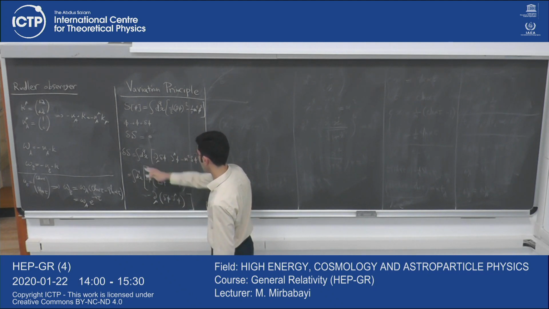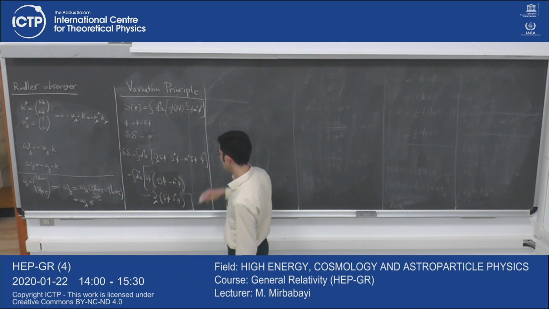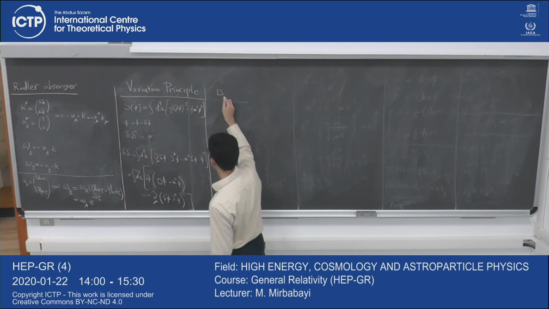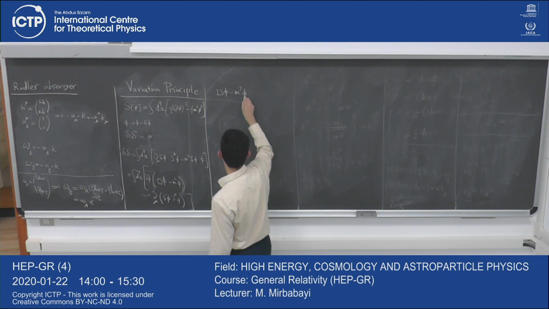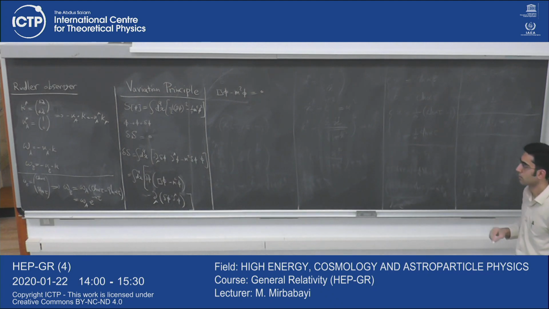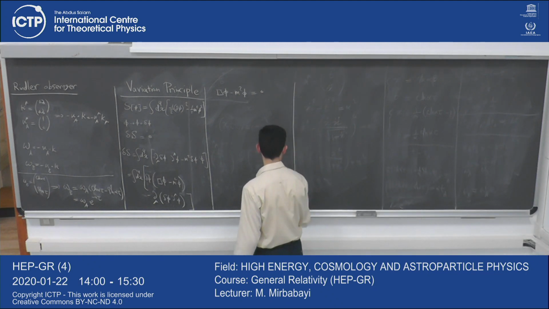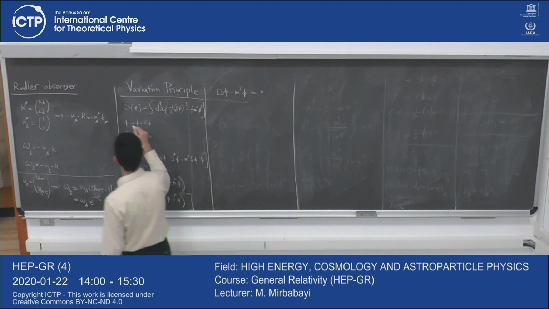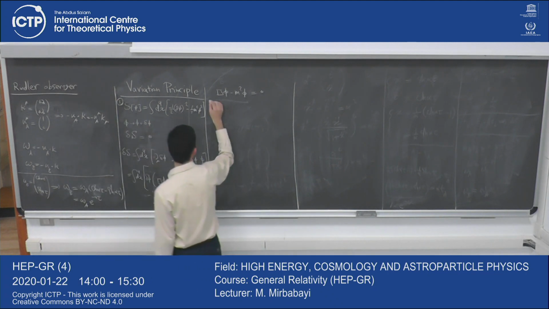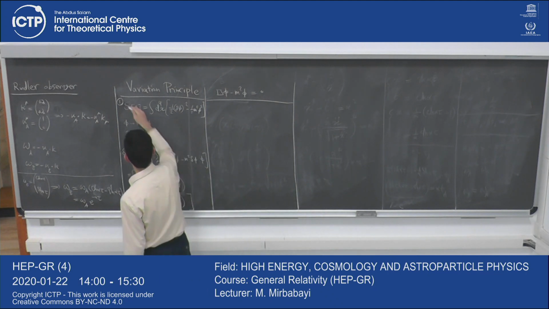And therefore, for the variation to be 0 for arbitrary localized δφ, this expression has to be 0, which gives us the Klein-Gordon equation. So this is example number 1. Klein-Gordon.